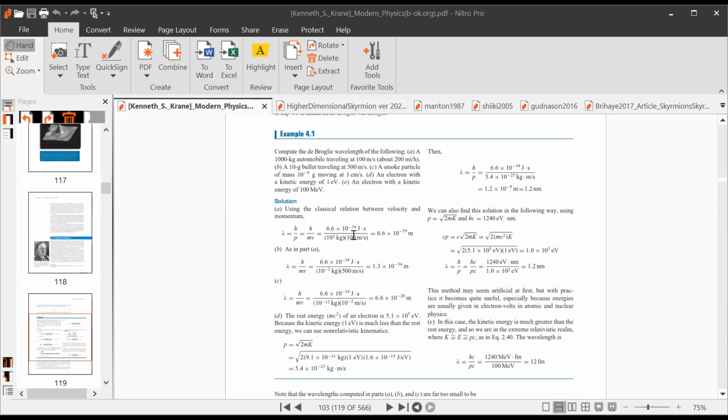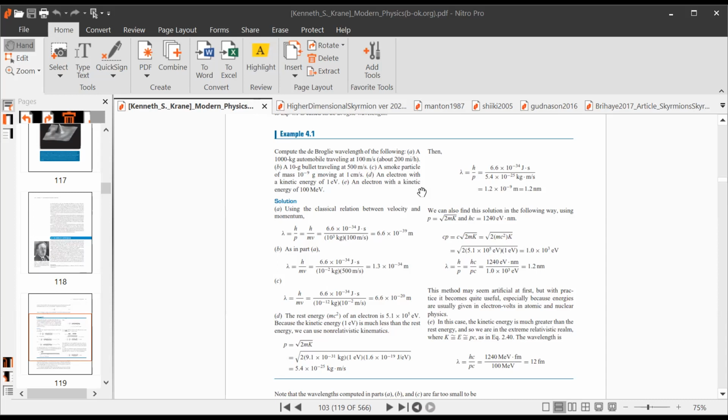For B, a 10-gram bullet traveling at 500 meters per second, it is almost the same magnitude. C, a smoke particle of 10 to the minus 9 gram moving at 1 centimeter per second, is similar. This is D.